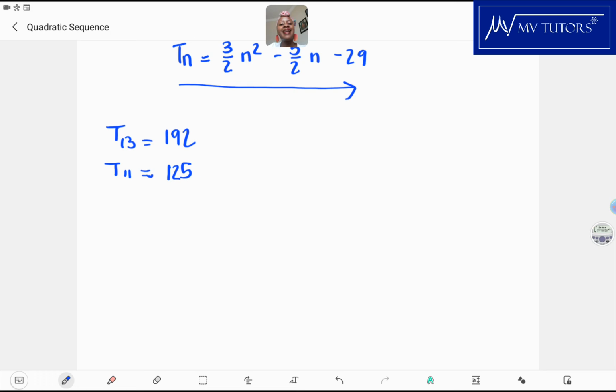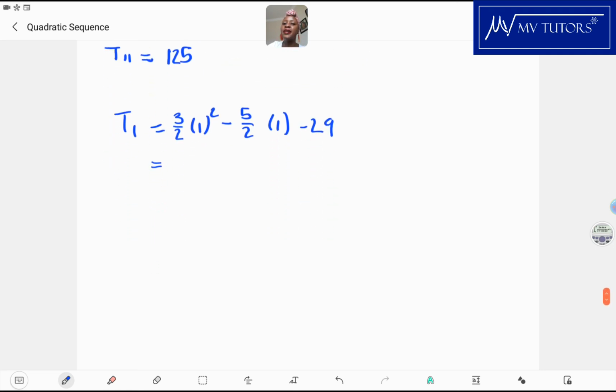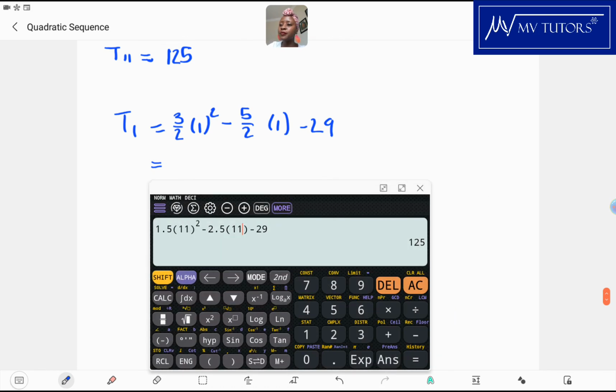Now, what we've been waiting for, what was asked, they want to know what the first term is. So that's 3 over 2 times 1 squared, minus 5 over 2 times 1, minus 29, and T1 is equal to negative 30.